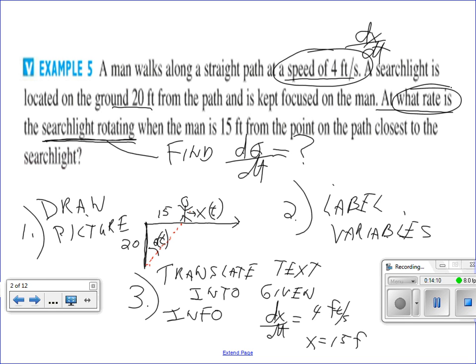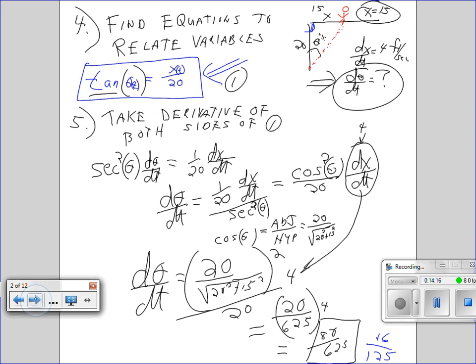Translate text into given information. Write down what you know. Next step is to find equations to relate the variables. That's the key step. You're doing 1, 2, and 3 basically so you can get 4 done. If you can write down the equation right away, when you get really good and do a lot of problems, you might be able to skip some of the first 3 steps. But the first 3 steps enable you to do 4. Then you take derivatives and solve.